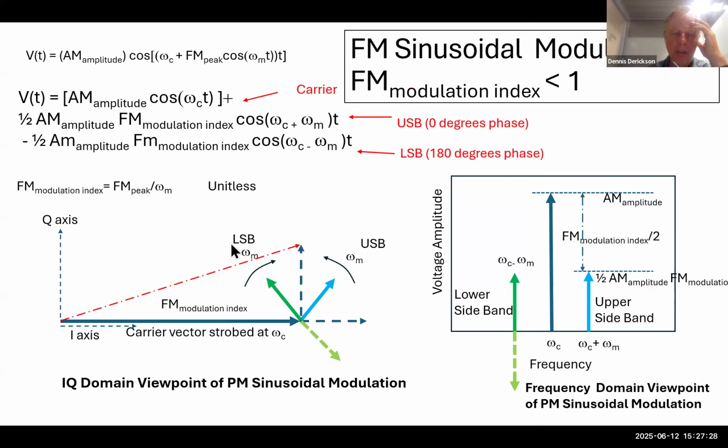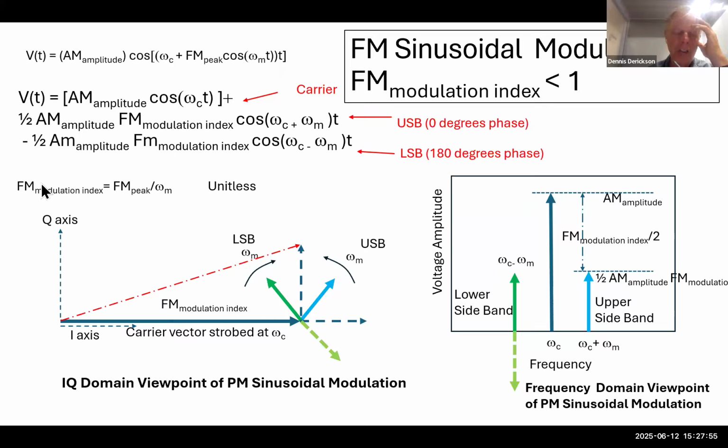Frequency modulation is very similar. In the case of very small frequency modulation, we get a very similar case. We get a carrier, an upper sideband, a lower sideband, and the lower sideband's out of phase with the carrier again. For small phase modulation, the only difference is that the peak phase deviation is the FM modulation index.